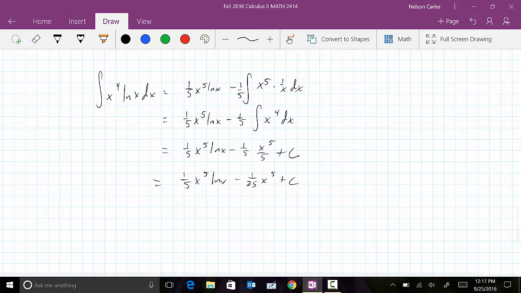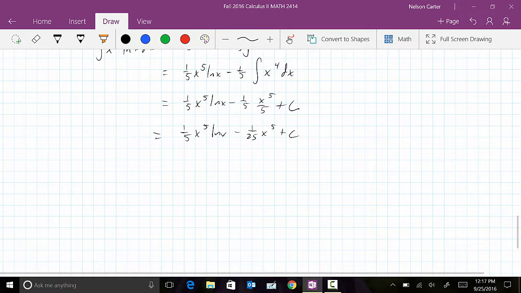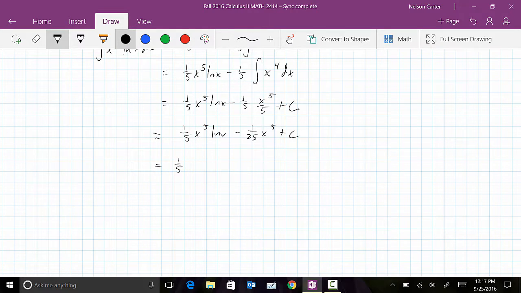Also, if you wanted to get real fancy pants, you could pull out a 1/5 and an x to the power 5, and you would get 1/5 x to the power 5 times the ln of x minus 1/5, and then plus a constant. Now, how you want to play the constant is, I'll put plus a constant like that inside there. It's fine. Well, let me see. I'll tell you what.